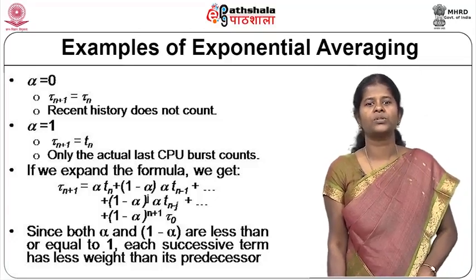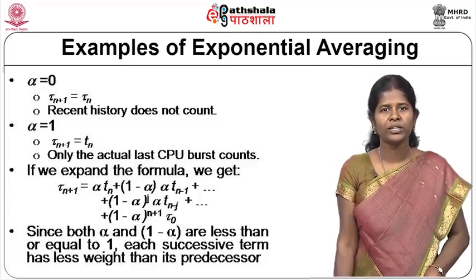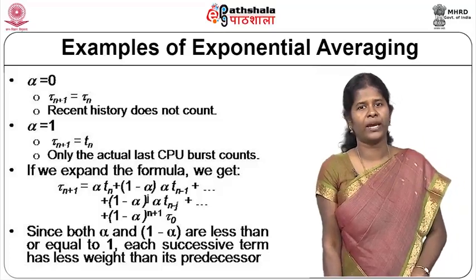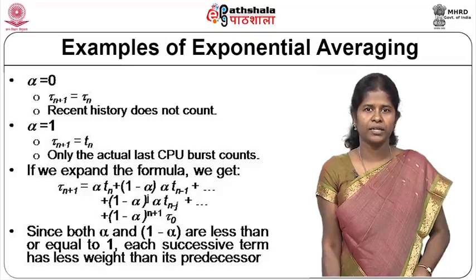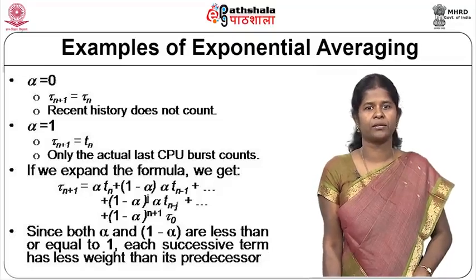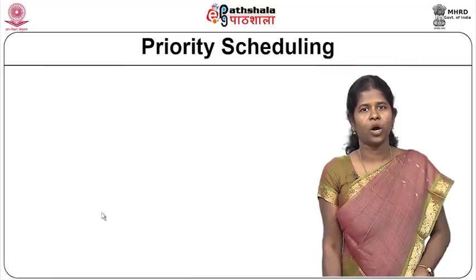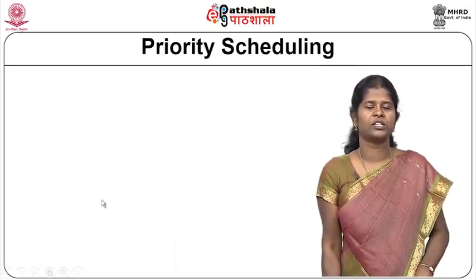So, based on how you want to consider the history, you can give the weight alpha, and based on that you can predict the next CPU burst length. And that is all about shortest job first scheduling.